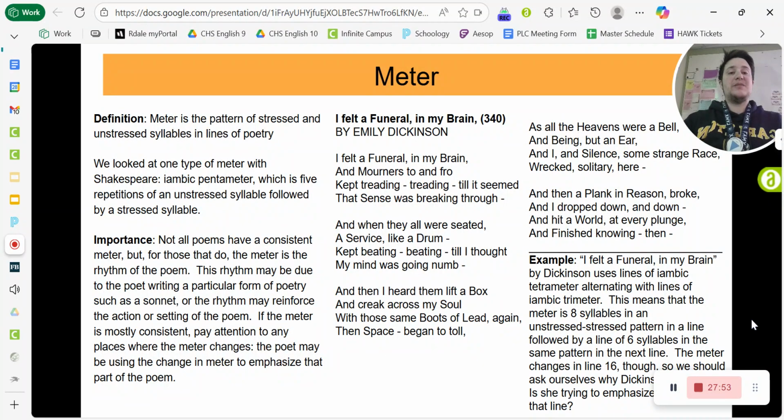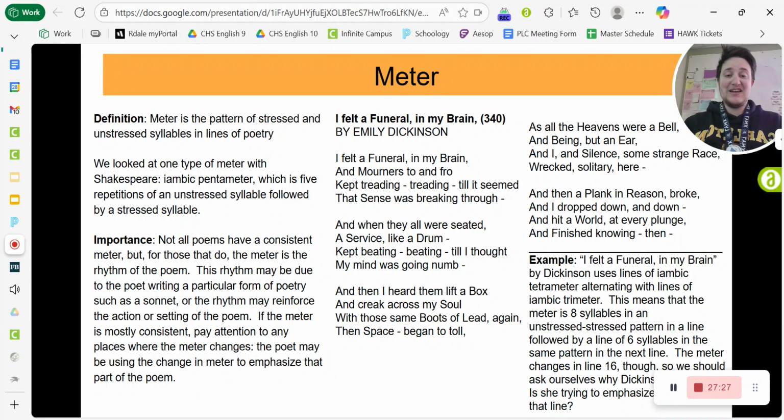A second key part of poetry is meter. Meter refers to the rhythm of a poem. We talked about this back when we were looking at Shakespeare, who writes typically in a meter called iambic pentameter, this pattern of unstressed, stressed, unstressed, stressed. To be or not to be, that is the question.